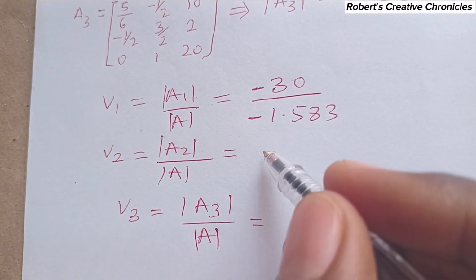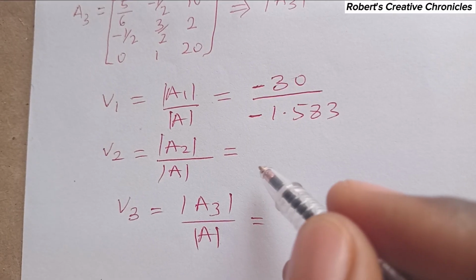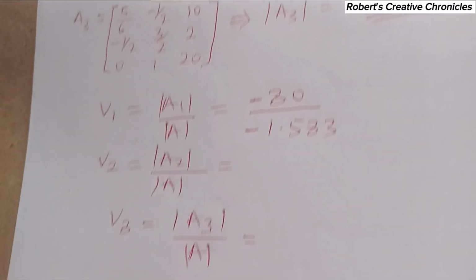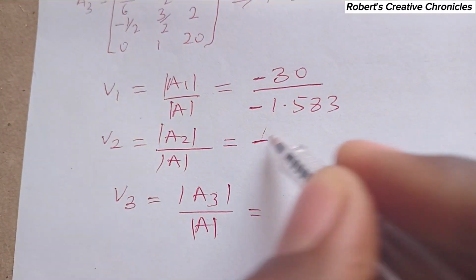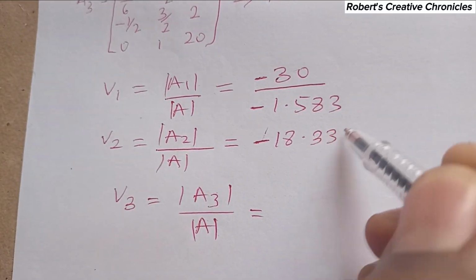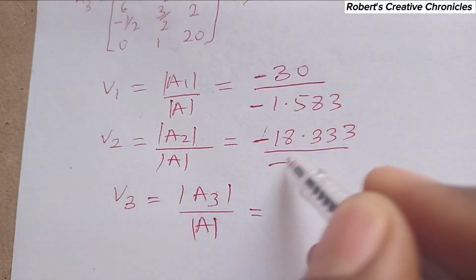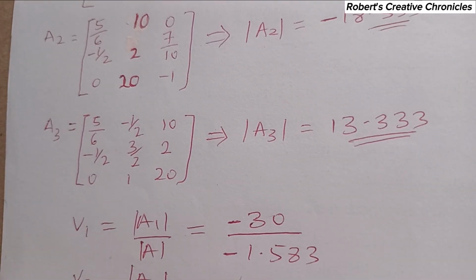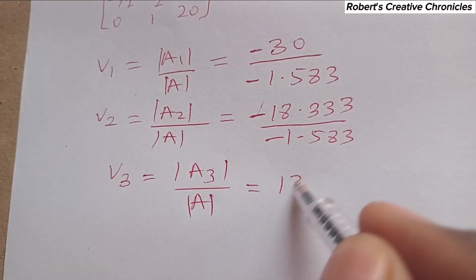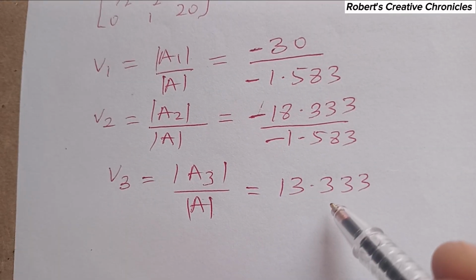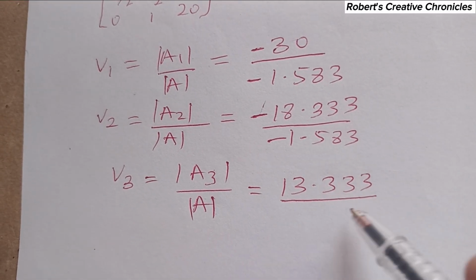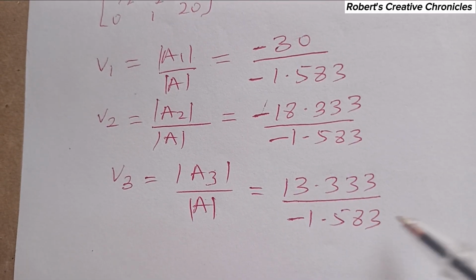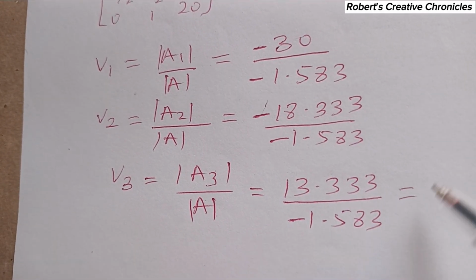Then this is negative 18.333 over negative 1.583. Then the last one, 13.333 divided by negative 1.583.